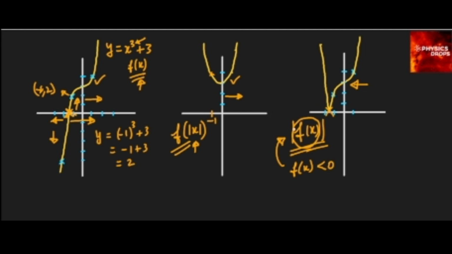But since we take the absolute value, these values also turn out to be positive, which means for negative values of x beyond this intercept point, the entire graph is going to turn positive, which means it's going to be a reflection of the original graph. Whatever you see here is going to be reflected here along the x-axis. Along the x-axis, you see a reflection here. That's why the graph looks like what you see here for the absolute value of the entire function.